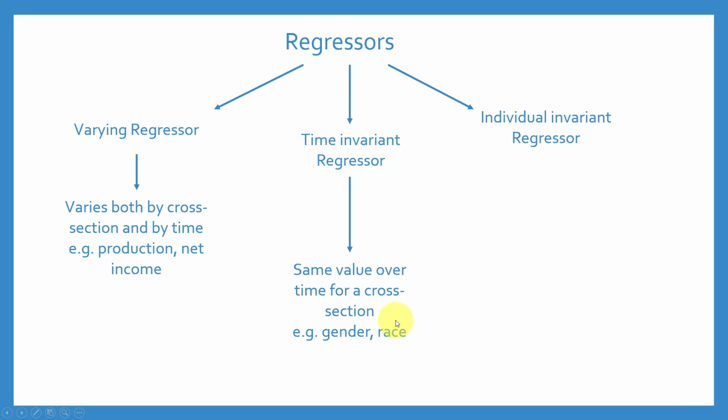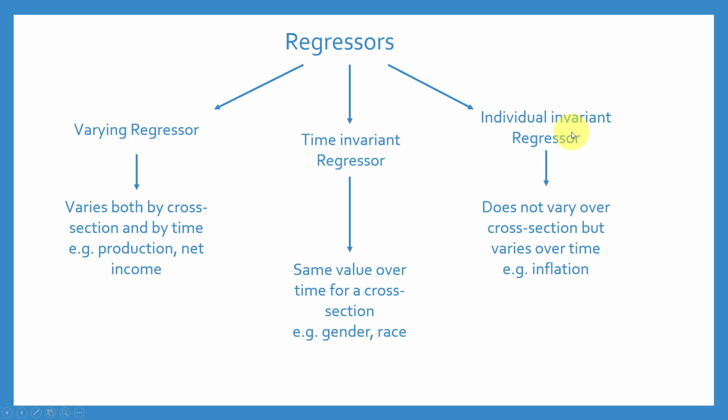It isn't to say that it won't change, but the idea is that within our data set, it has not changed. For example, gender can be changed, or the location of a firm can be changed, but within our data set, it is a time invariant variable.